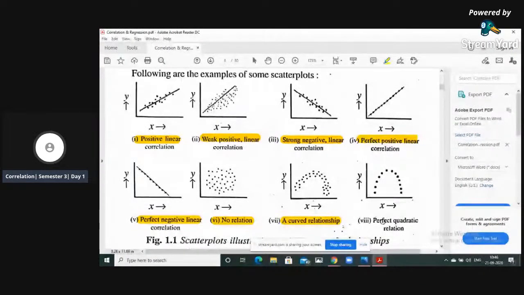And finally, a perfect quadratic relation appears like this. So these are your basic diagrams of a scatter plot.